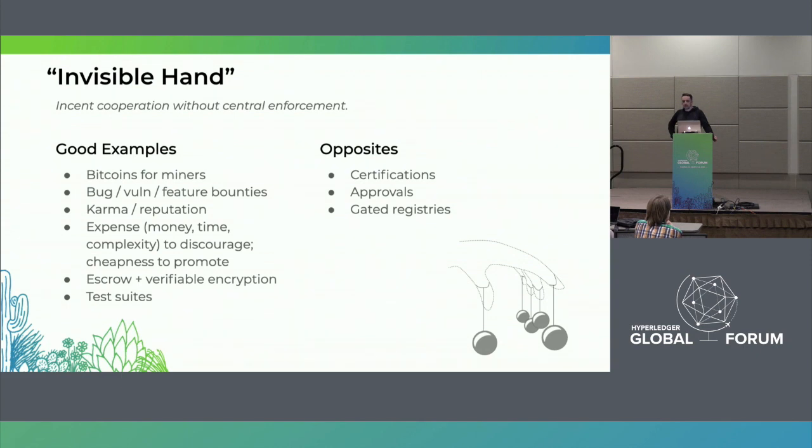You're creating this entire ecosystem of cooperation just by saying, well, if you do mine and happen to be the one that gets the prize, then you get all this money. And lo and behold, a bunch of people show up and start making miners, and they make faster and faster miners because they want more and more money. And isn't that an awesome pattern?